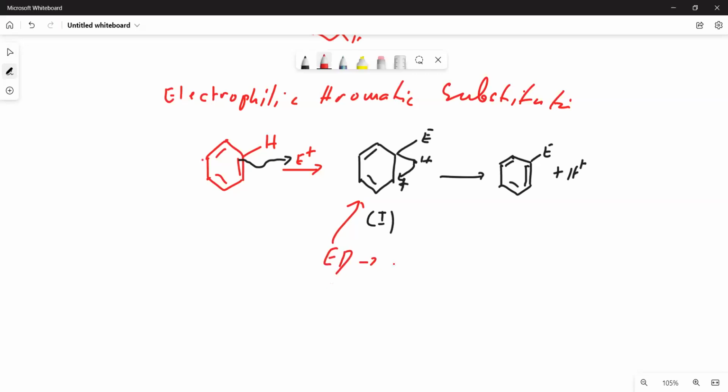So electron donating group can enhance the rate of substitution reaction, no? While electron withdrawing groups, okay, can lower the rate of substitution reaction, okay? Because electron withdrawing group can intensify the carbonium ion rather than neutralize it, okay?